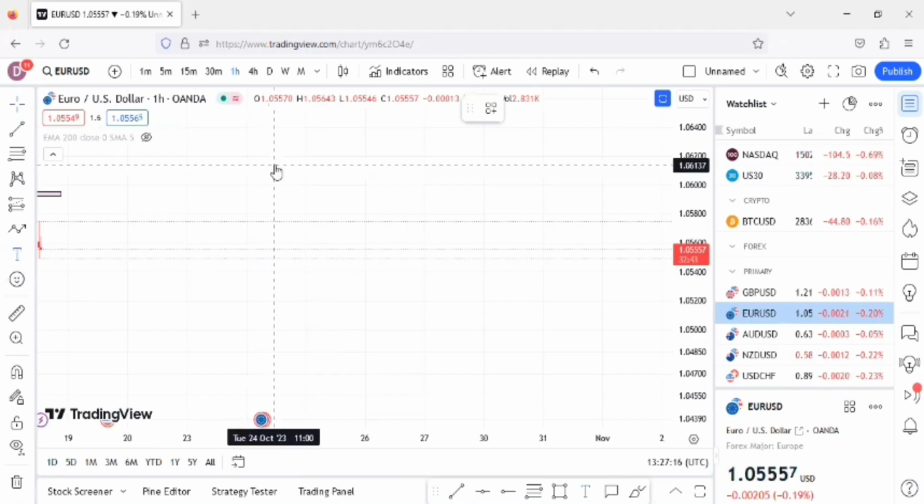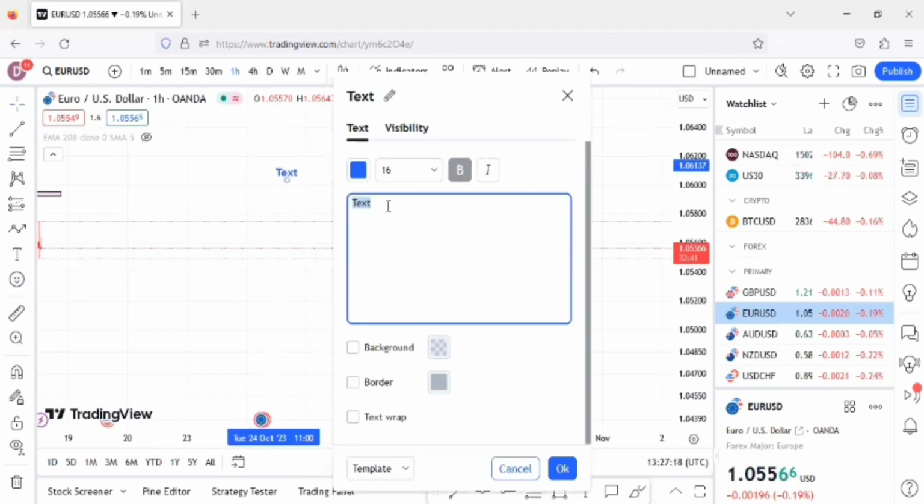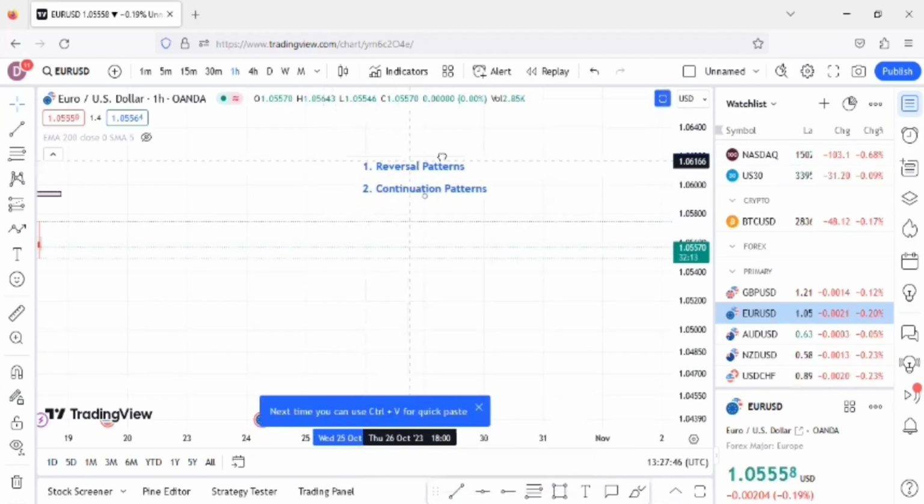We have one, reversal patterns. Then number 2, we have continuation patterns. Reversal patterns and continuation patterns.